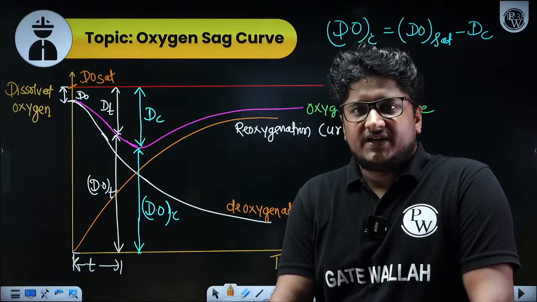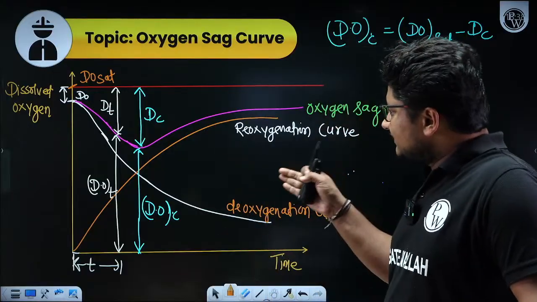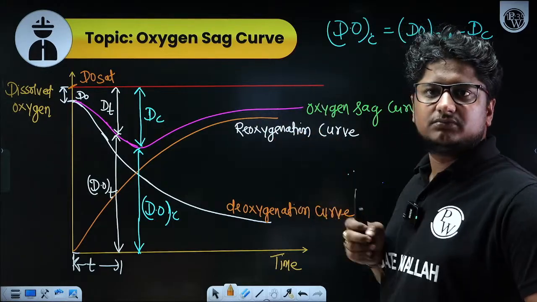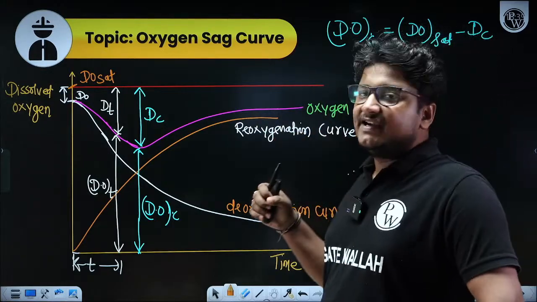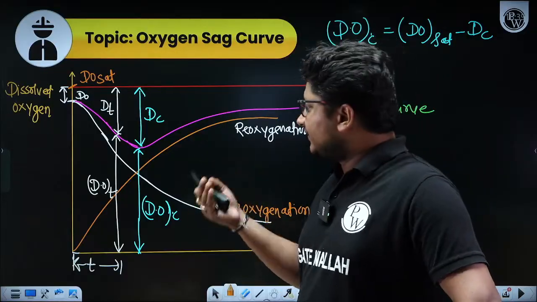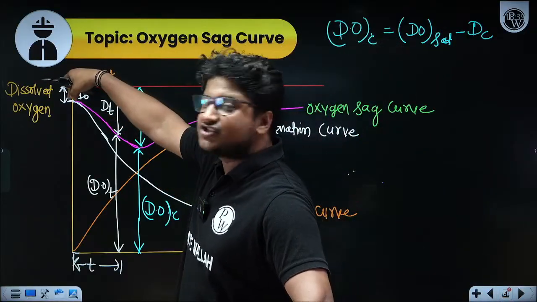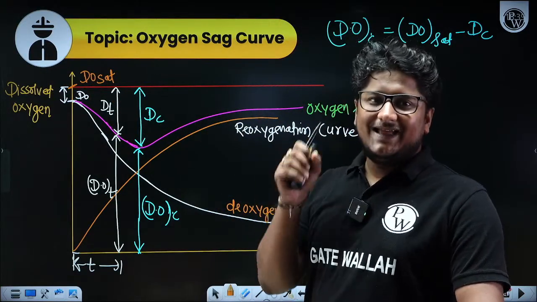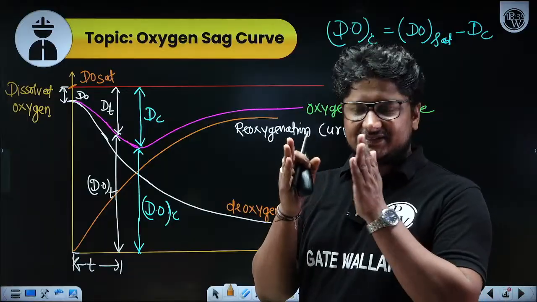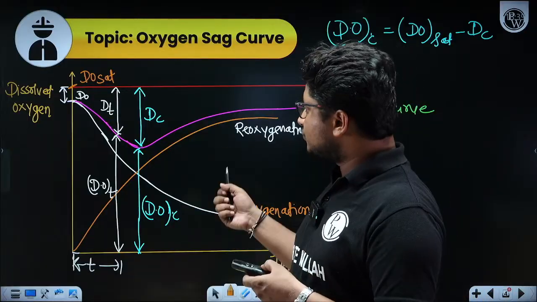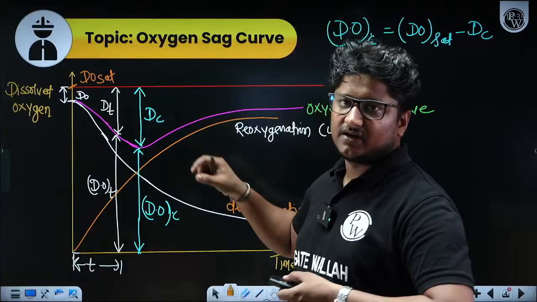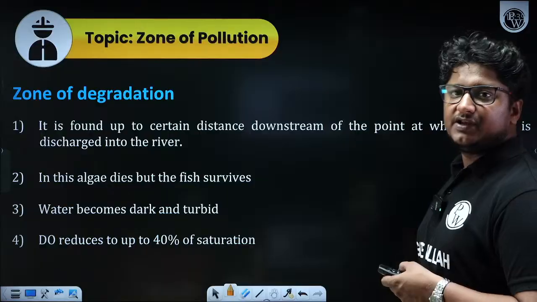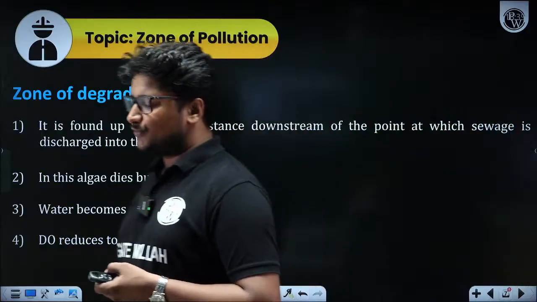This curve I have divided into 4 parts. I have divided the zones of pollution, that is, when you mix the wastewater at the initial point, what the different zones of pollution will be. First I will give you the small theoretical part, and then I will show that part in the oxygen sag curve for you.